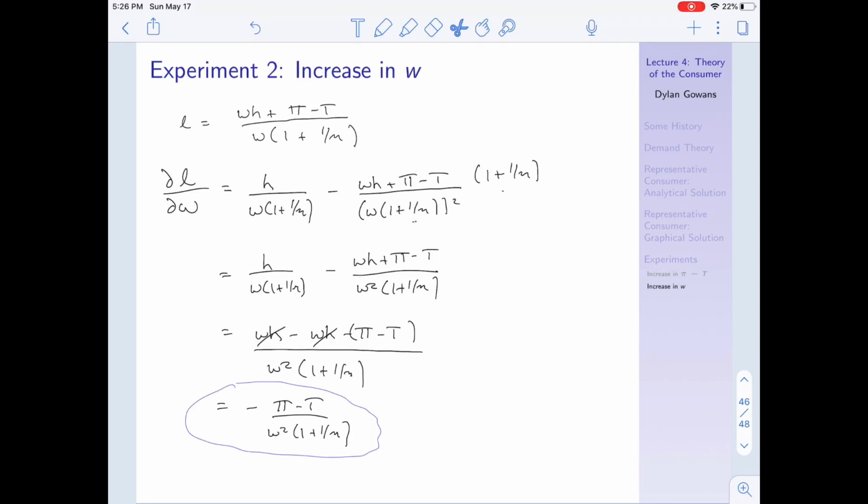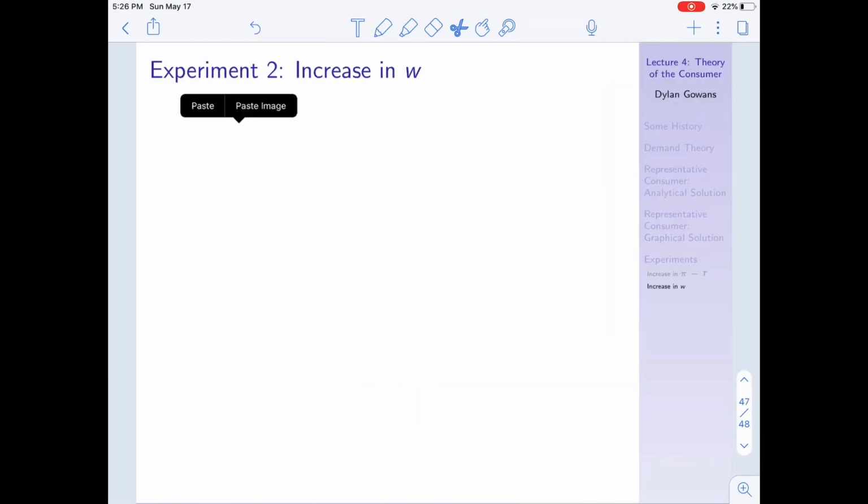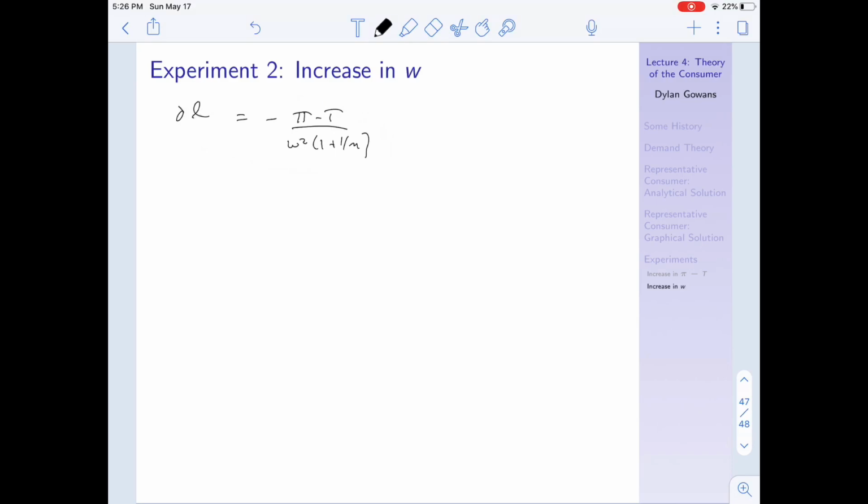Great. So with a few lines of algebra, now we can evaluate whether the income effect dominates or the substitution effect dominates. So I'm going to bring this once more to the next slide. This is our derivative of leisure with respect to the wage. And so now what can we see? Well, it's all going to depend on the numerator here.